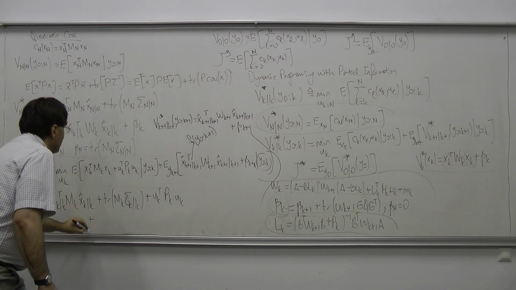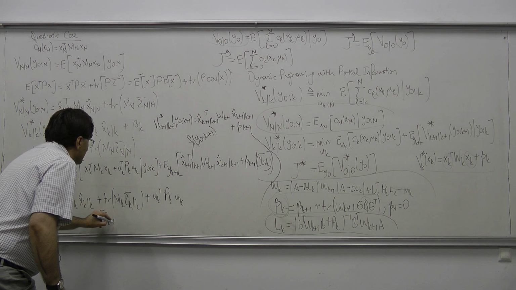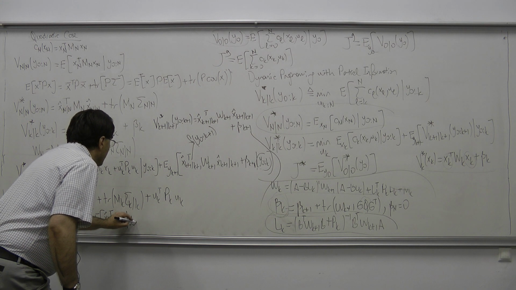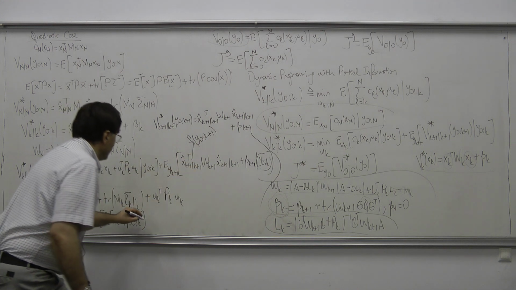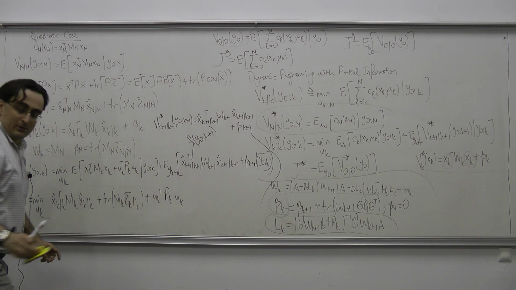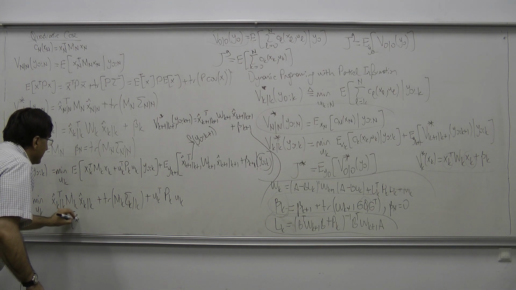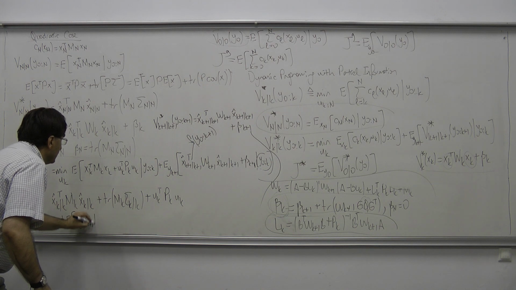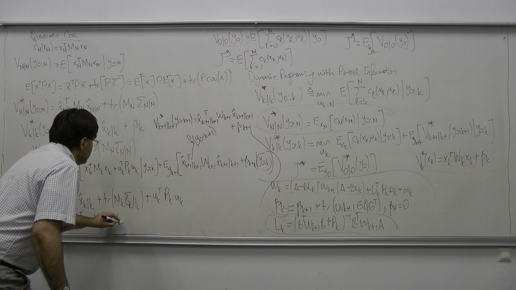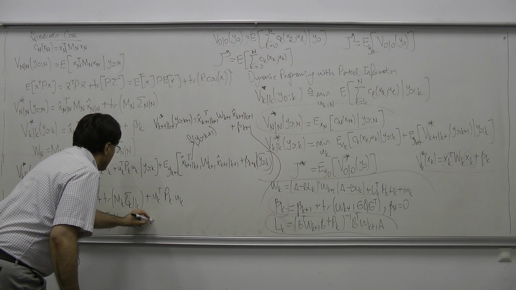So I would have here plus, this is going to be expected value of x at k plus 1 given k plus 1 transpose given y0 to k, okay, times this covariance, times, maybe I should write to the left more. So I have here plus expected value of x at k plus 1 given k plus 1 given y0 to k, and I have transpose here, Wk plus 1 and the same expectation, expected value of x at k plus 1 given k plus 1.